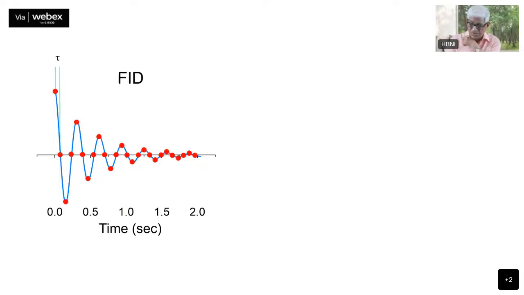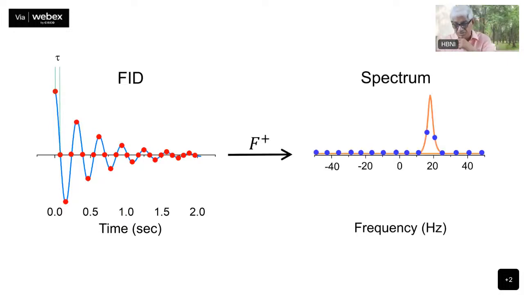When you Fourier transform all of these points, you get the frequency domain spectrum, which is again like this. Now, if there are n points here, then in the total frequency domain spectrum there will also be n points. But the frequency domain spectrum has real and imaginary components, and each one of them spreads over the entire frequency range.